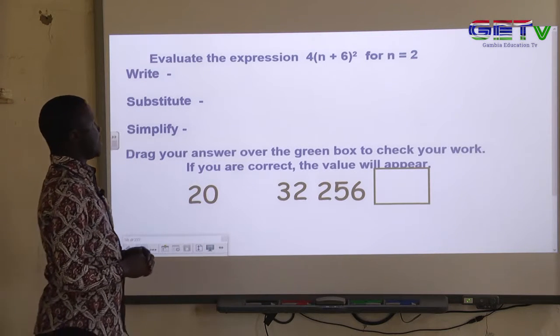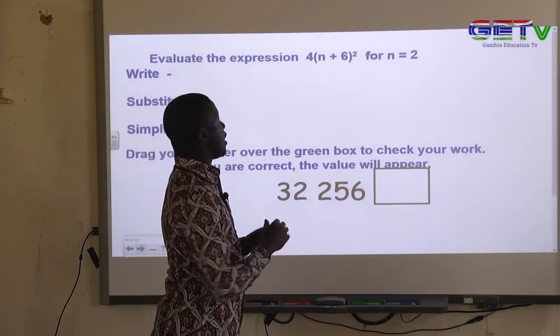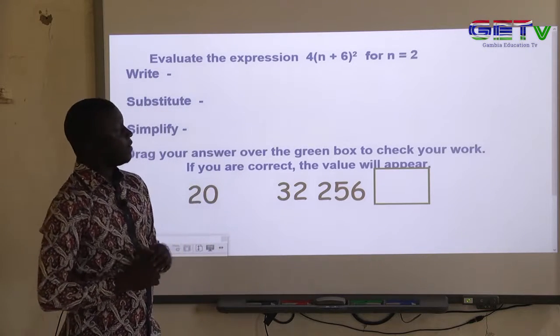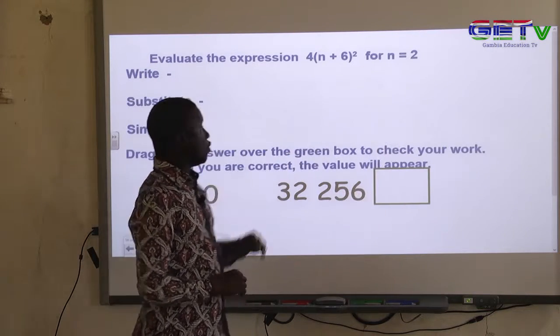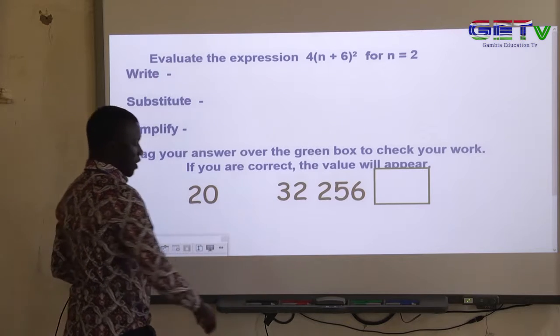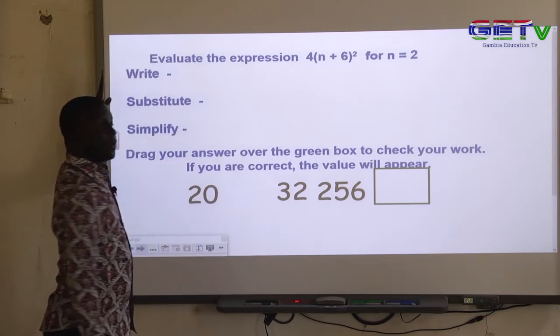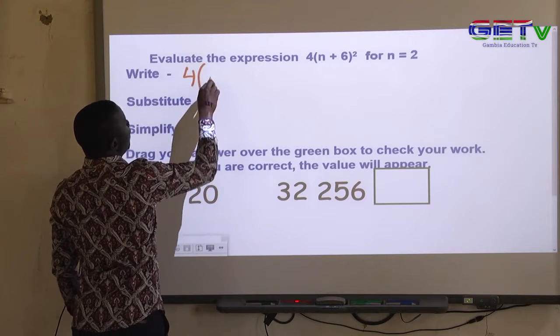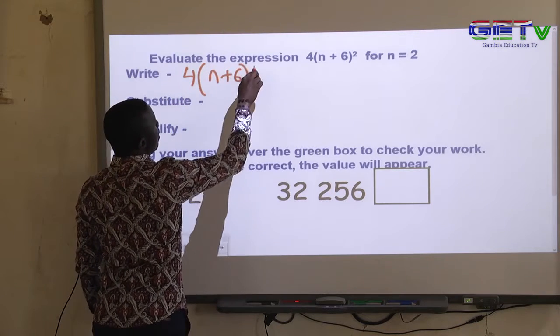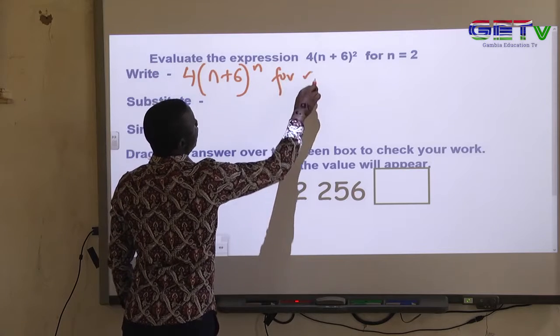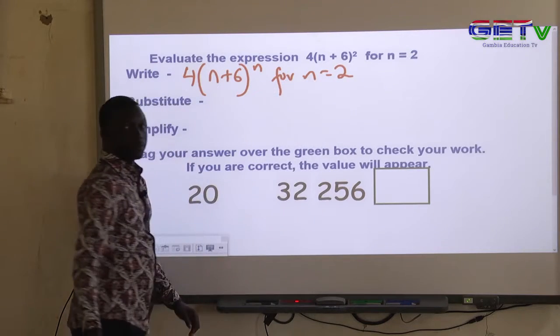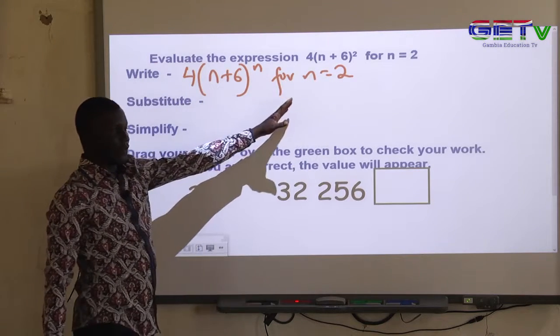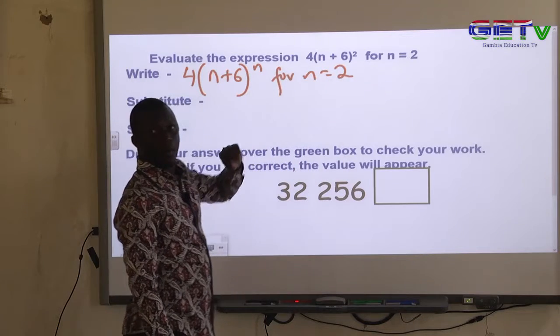Our next example here is evaluate the expression 4(n + 6)² for n = 2. We follow the steps. The first step says we write the expression, 4(n + 6)² for n = 2. The value of the variable given here, n, is 2.